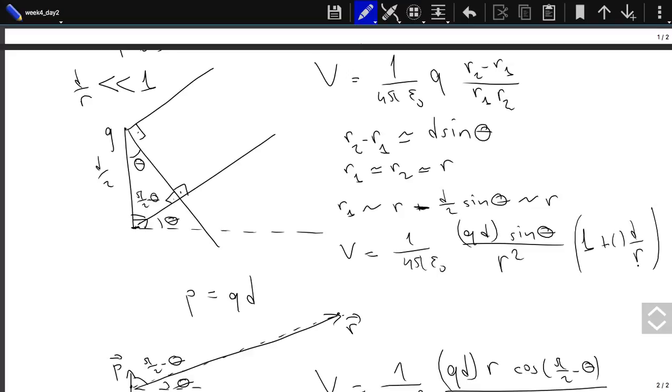In fact, if you just take this approximation and put it in this expression, it's not true, because this expression has corrections. Those additional terms that I ignored would bring such a term. I don't know what this coefficient is, but I know that it will be proportional to d over r. And as long as d over r is, let's say, 1%, the correction will be of the order of 1%.